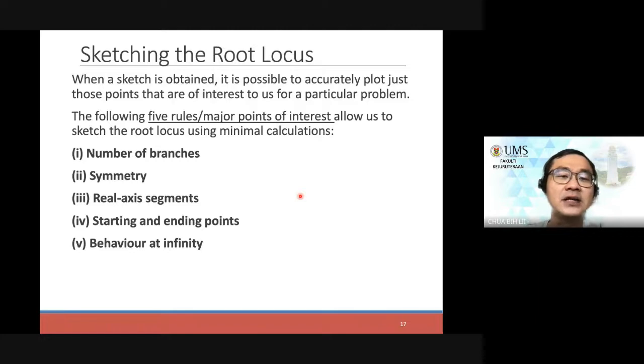After that, we also briefly went through how to sketch the root locus, by identifying the number of branches, the symmetry lines, the intersections of the symmetry lines, the real axis segment, then the start and end points, and the behavior at infinity.